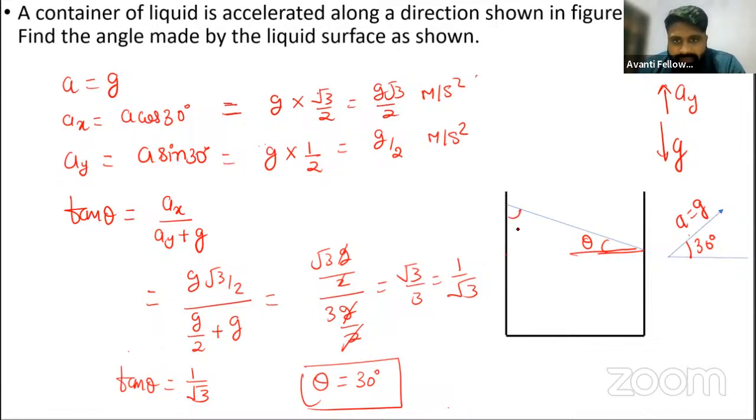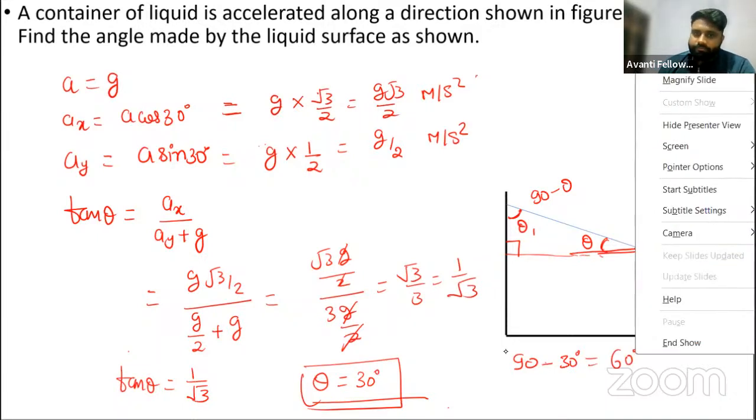Now if this angle has been asked, what you can do? Calculate this angle and subtract it from 90, because if this is theta, this is 90 degree, so this would become 90 minus theta. 90 minus 30 is equal to 60 degree.